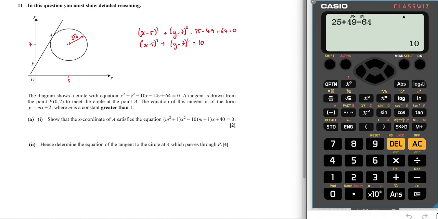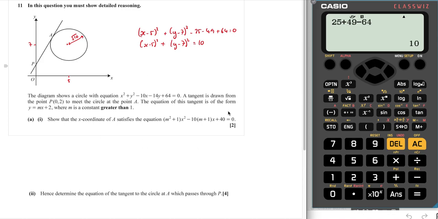Create this tangent of the form y equals mx plus 2, where m is a constant greater than 1. So at this point, the x-coordinate of A is where both of those things are true at the same time. So what can we do here? Simultaneous equations.